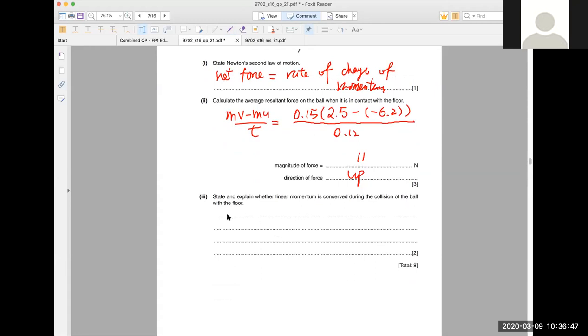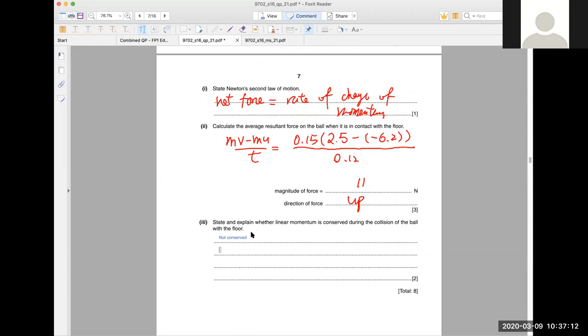No, because the relative speed of approach is not the same as the relative speed of separation. So many of you forget how to do these kinds of questions. You say linear momentum is not conserved only if the net force is not zero.